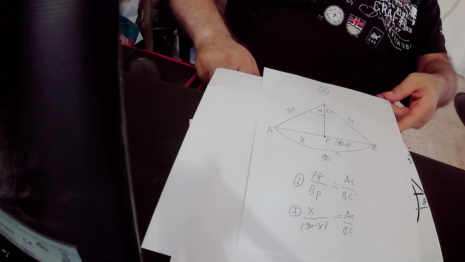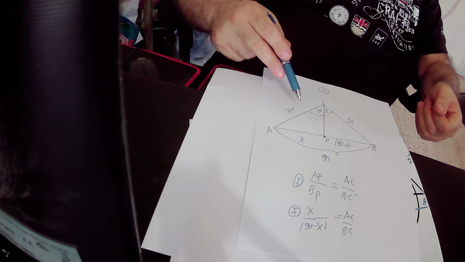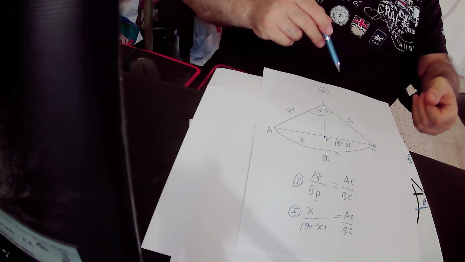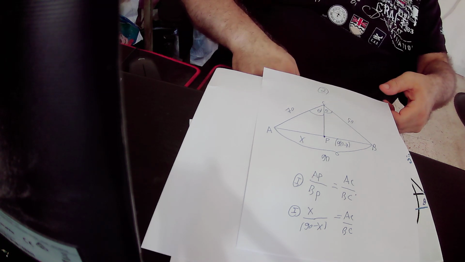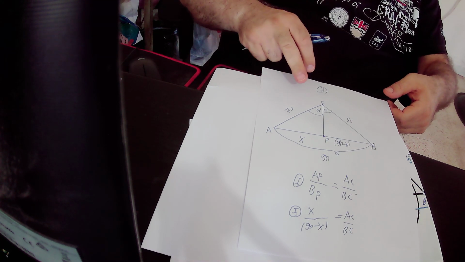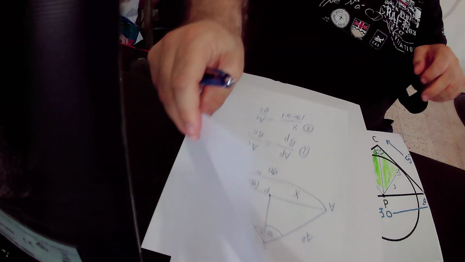So you can see that also AC equals 70 units and BC equals 50 units. So we can substitute AC by 70 and BC by 50. Okay?